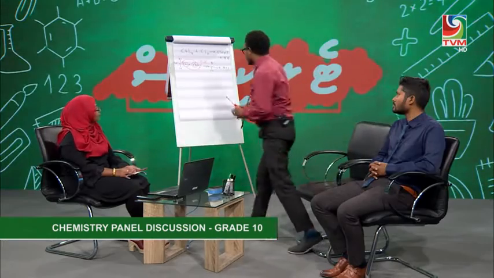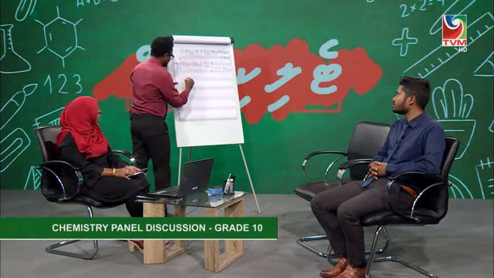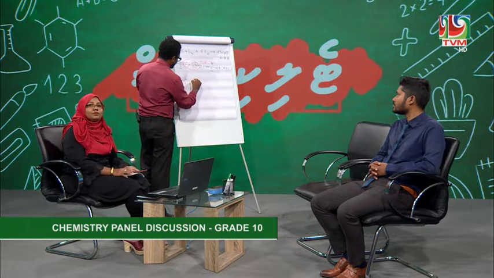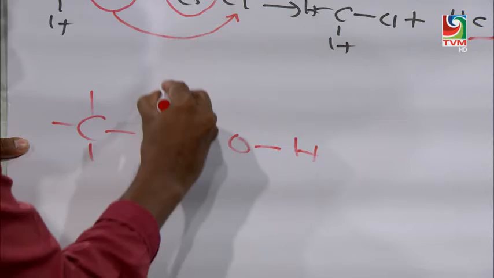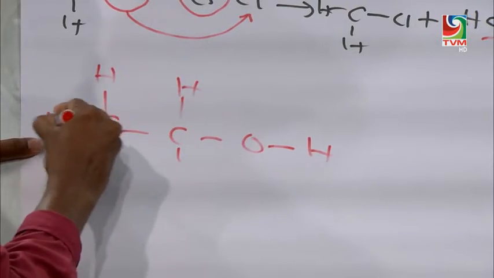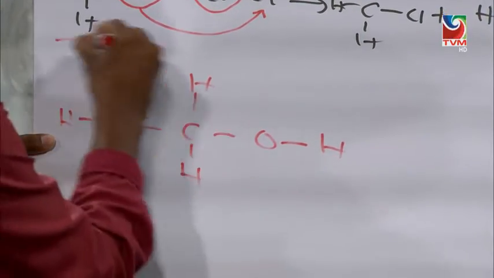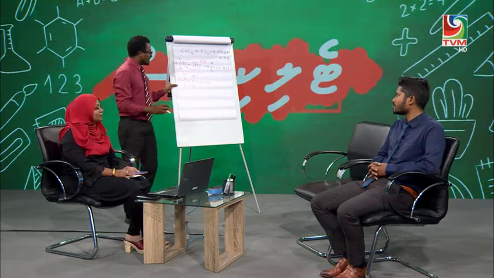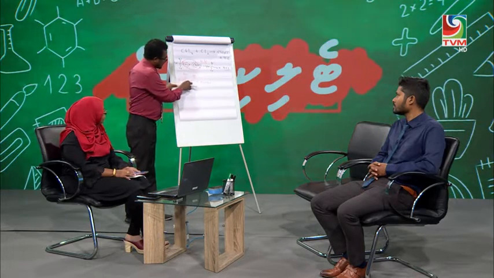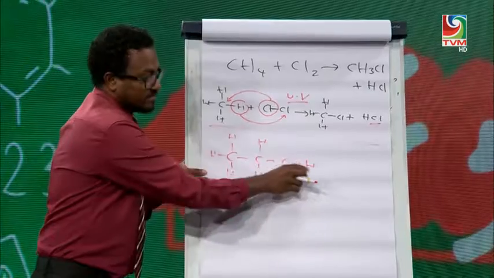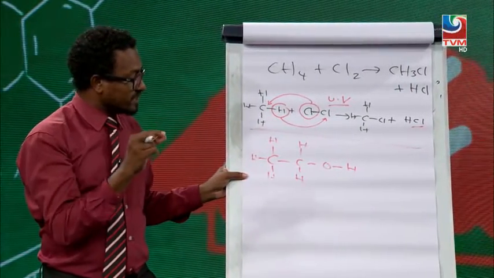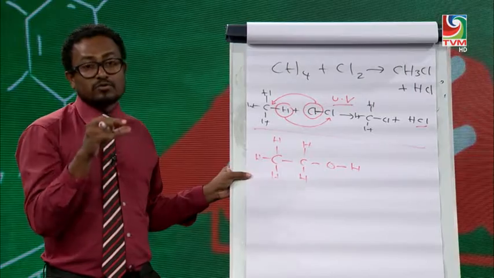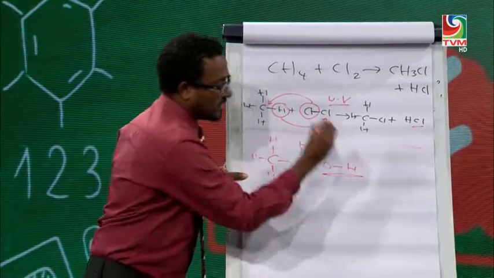For example, I can show you an example of a displayed formula. Okay, this is ethanol. All the bonds of ethanol are being shown, right? Even the OH bond is being shown. So this is the displayed formula of ethanol. If the question specifically asks for the displayed formula, you should show the OH bond like this.